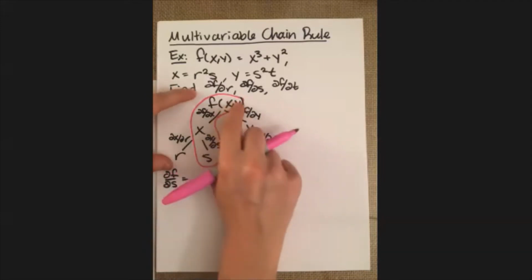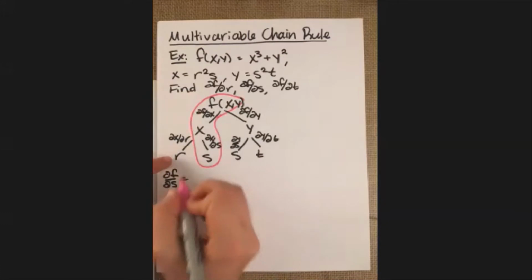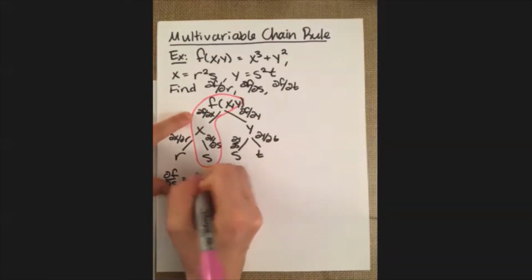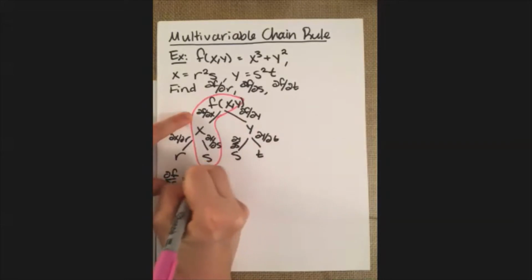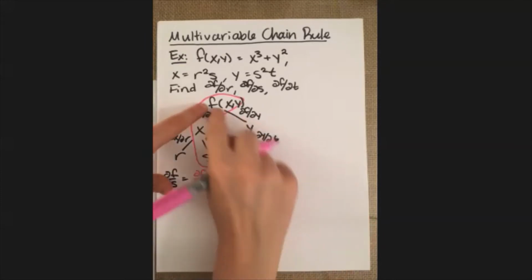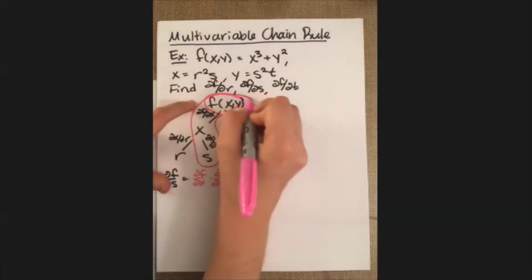So the first one, we're going to start here and then go down through x to s. And what this means is that we want to multiply things together that are in the same path. So df dx times dx ds. And then we also want to consider the dependency that passes through y. So we'll draw that path as well.